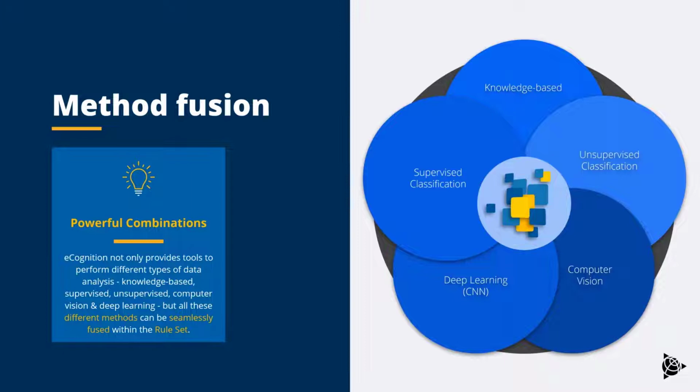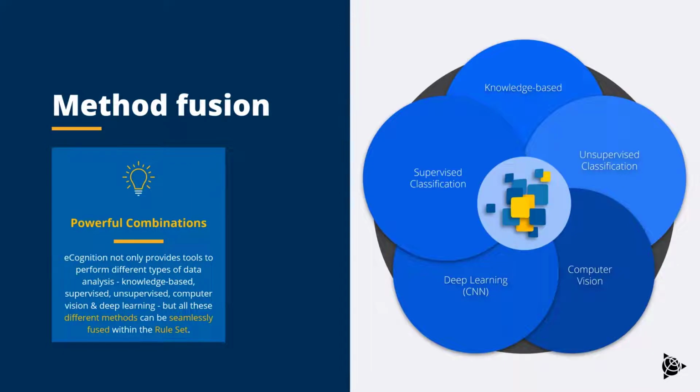So I could start out using a deep learning based classifier, get a rough approximation of my classes, and from there start to apply knowledge-based rules, some of those traditional OBIA rules, to that deep learning result, and really get a much better looking result in the end. That's one very popular combination if we look at much of today's recent literature. So we had data fusion and method fusion.